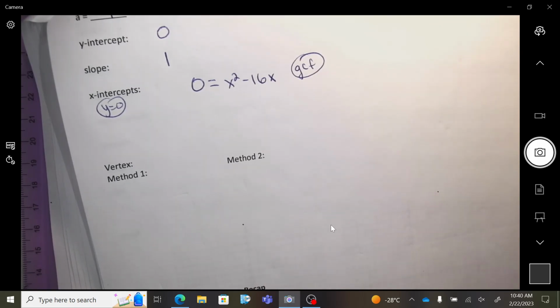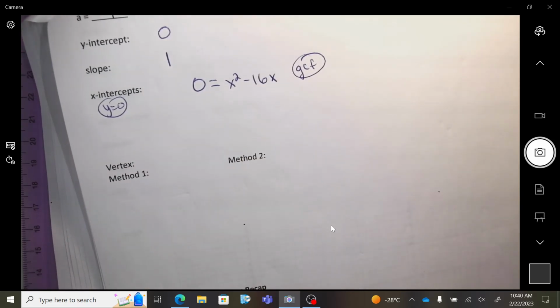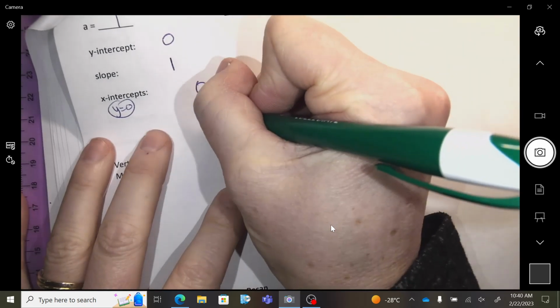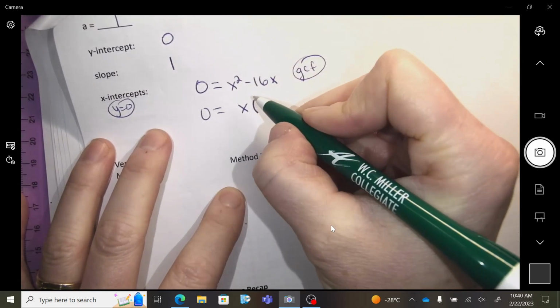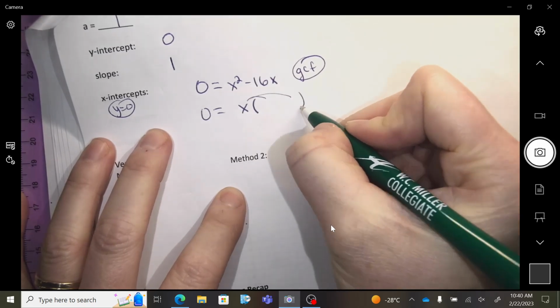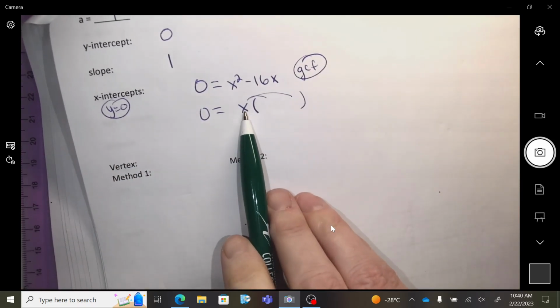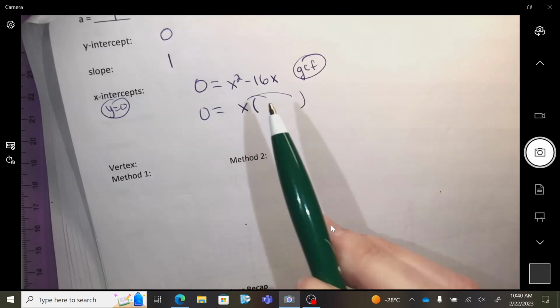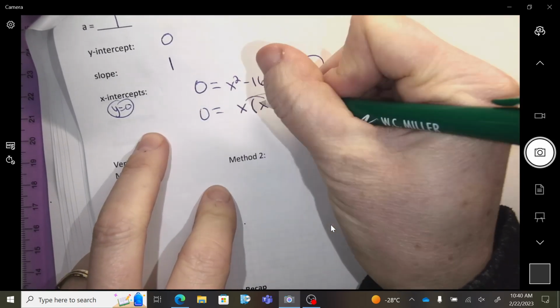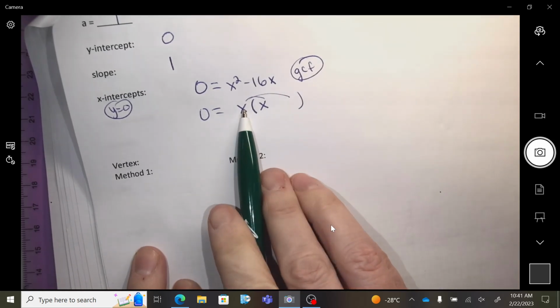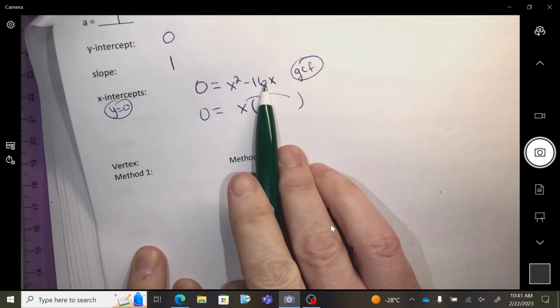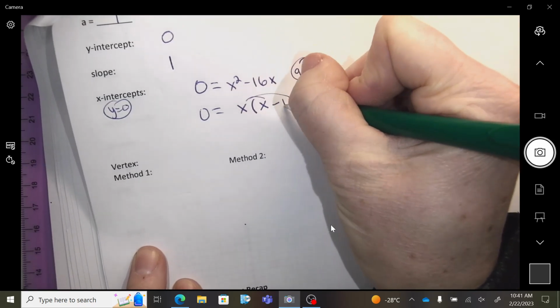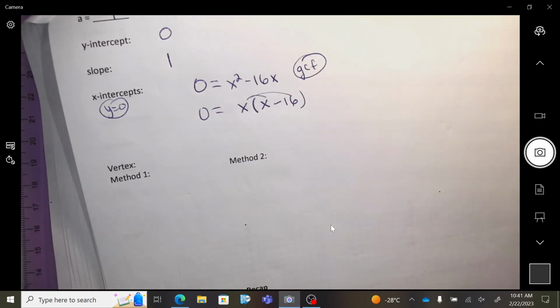Okay, a GCF says look at all the terms. Is there something you can divide out that's in this term and this term that could come out? You could take an x out. Now, x times what would get me to that x squared? X. X times what would get me that? Does that look familiar?